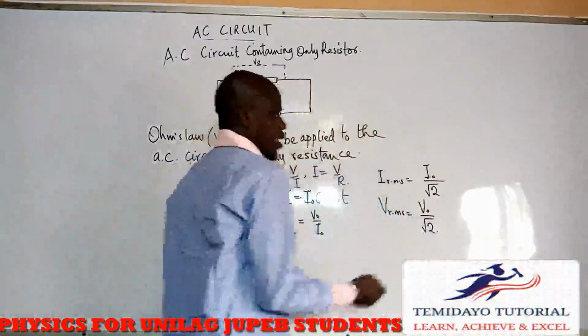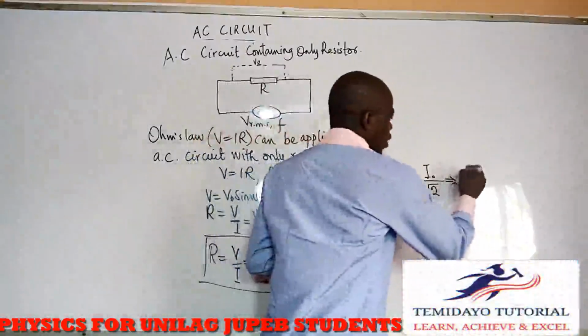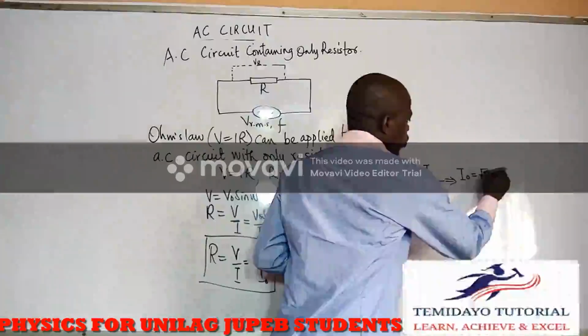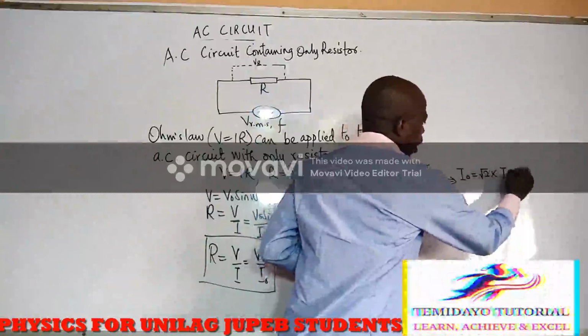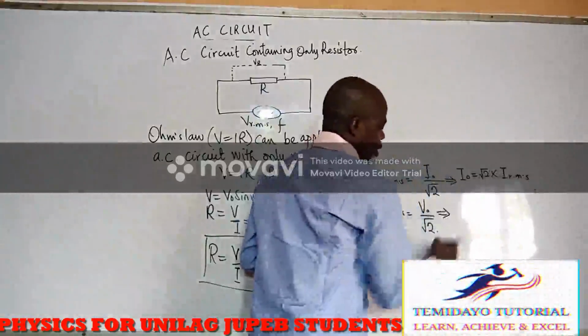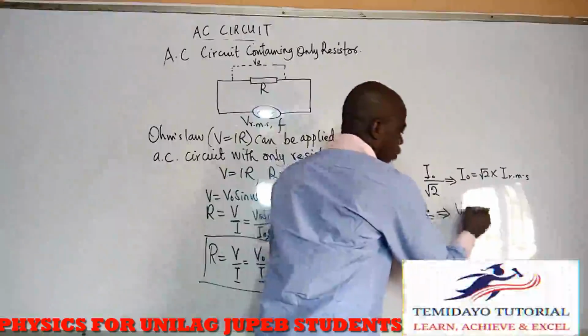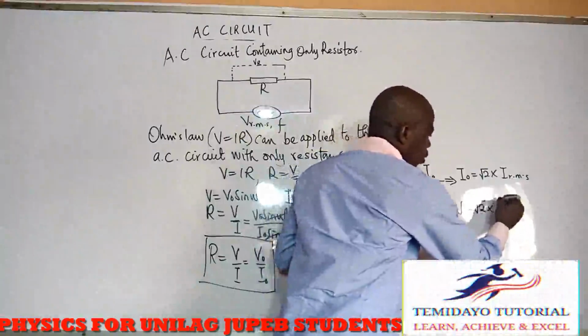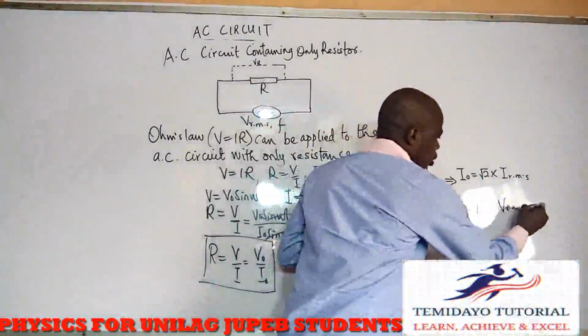So from here we've established the fact that I naught is equal to root 2 multiplied by I root mean square, and also that V naught is equal to root 2 multiplied by V root mean square.